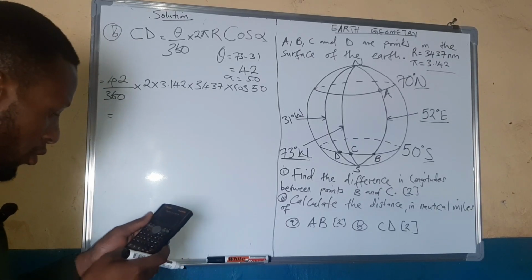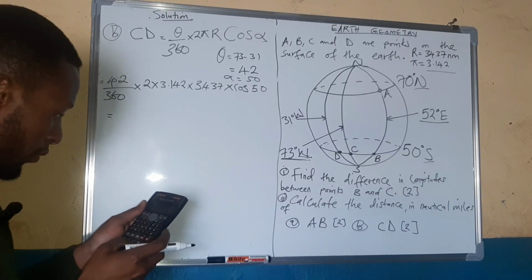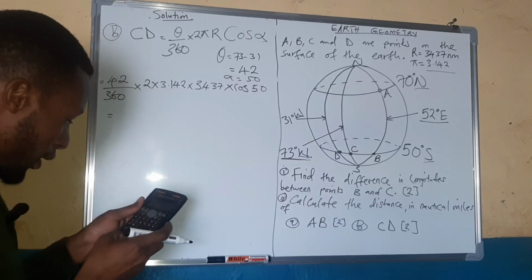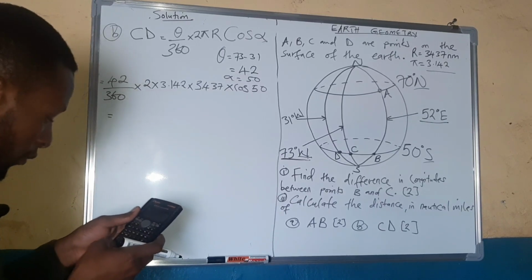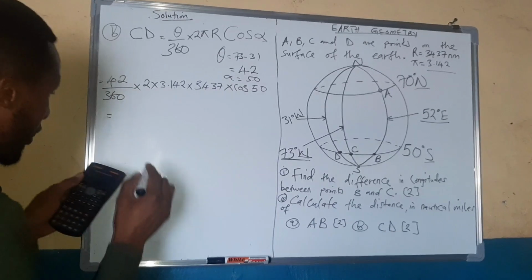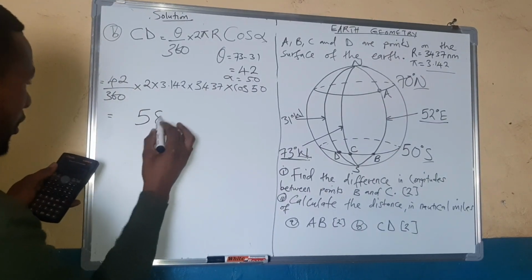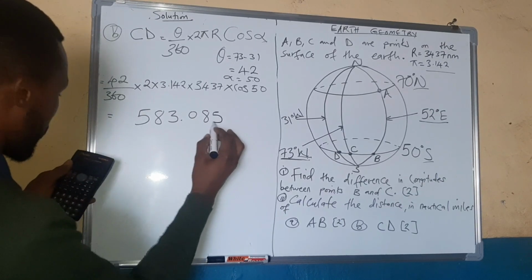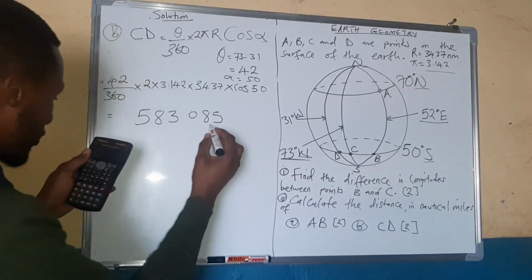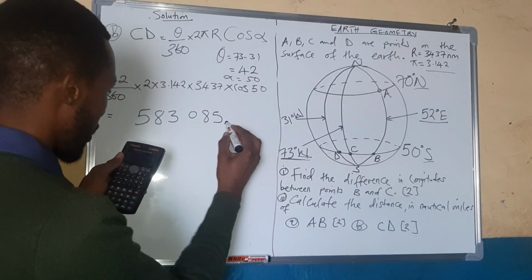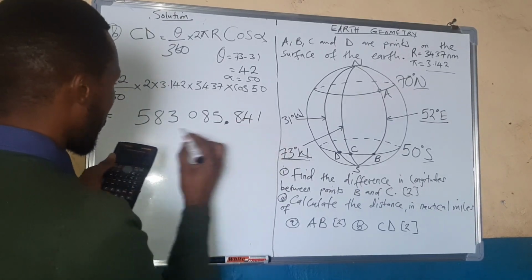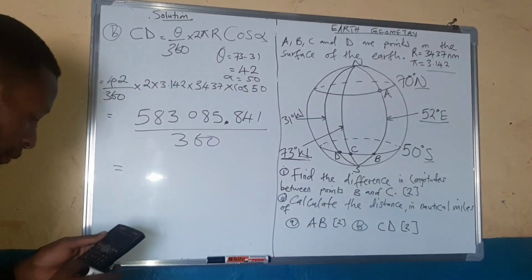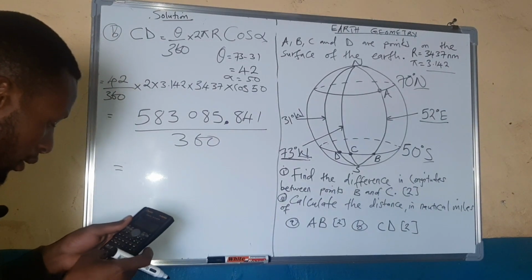So we have 42 times 2 times 3.142 times 3437 times cos 50. Here we're going to have 583,085.841. Then everything there divided by 360.